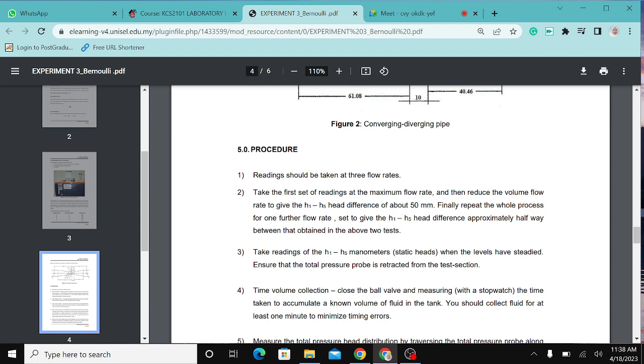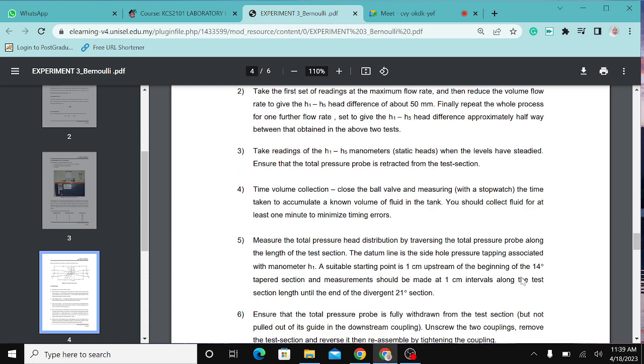That means you have a head difference from H1 to H5, increase or decrease, by 50 millimeter. Then repeat the process for one further flow rate, set to give an H1 to H5 head difference approximately halfway between those obtained in the above two sets. Then take the readings from the H1 to H5 manometers.